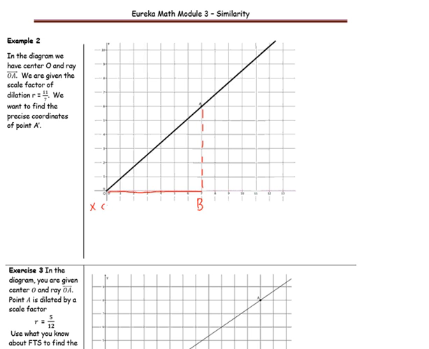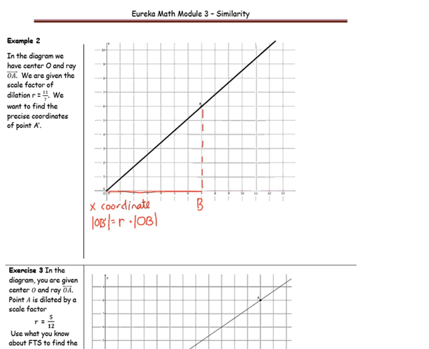Right here we are finding our x coordinate. So we start out with the length of OB. We multiply it by our scale factor and it gives us the length of OB prime.